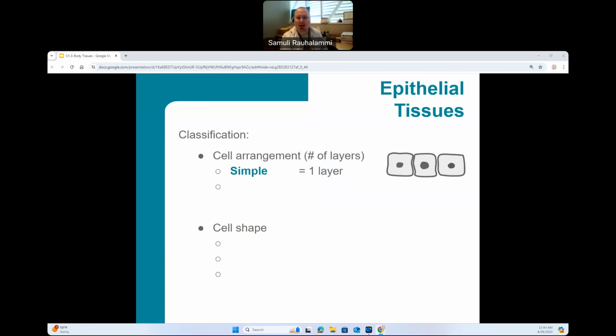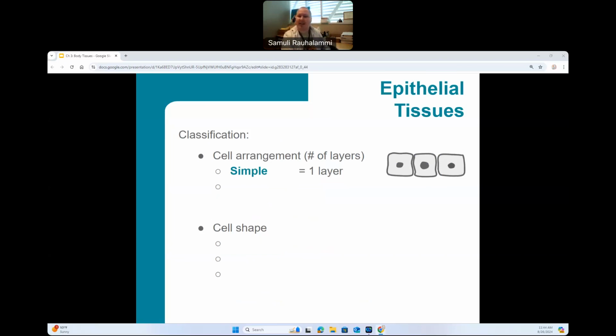So when we talk about simple epithelial tissues, we're talking about tissues that have just one single layer. These are particularly well adapted for things like absorption, secretion, and filtration. Because we have this single layer to cross, doing all of these mechanisms, moving the materials across this layer is really optimal.